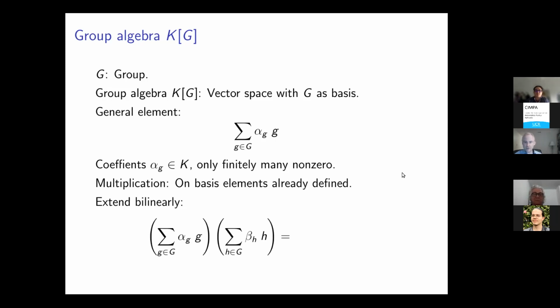So if you have two elements, one with coefficients alpha and the second one with coefficients beta, you take these two sums out and you take the coefficients out, and then you multiply. This is a double sum in the beginning, and you have here alpha_g times beta_h, and then you have here the product of the basis elements. But as I said before, you know already how this is supposed to be defined. So this is the algebra structure.